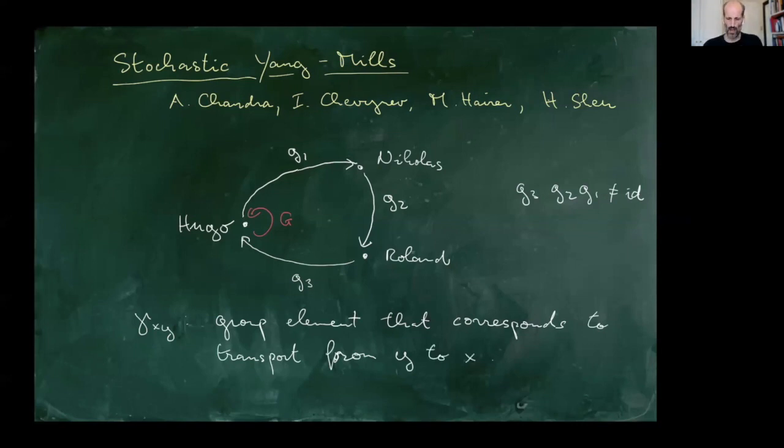Okay, the reason why I say y to x and not x to y is that composition goes from right to left, right? And that makes the indices more consistent.